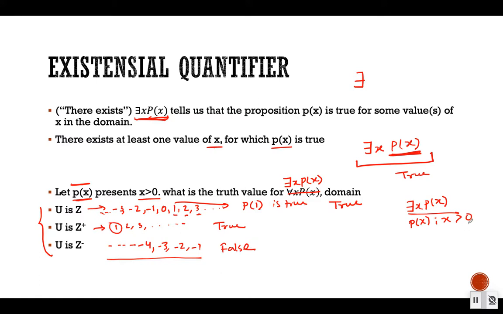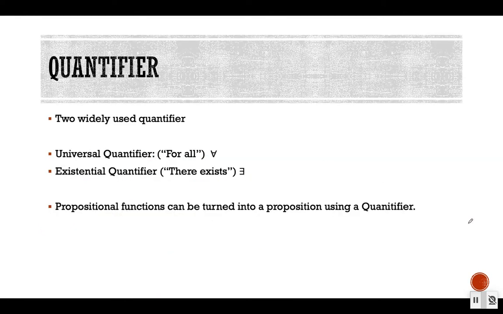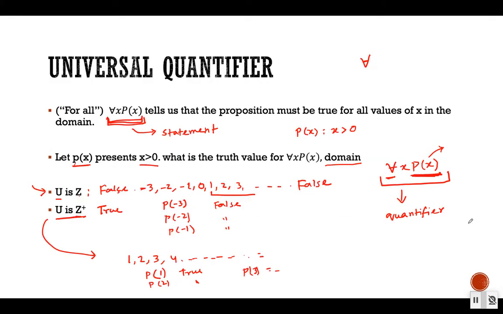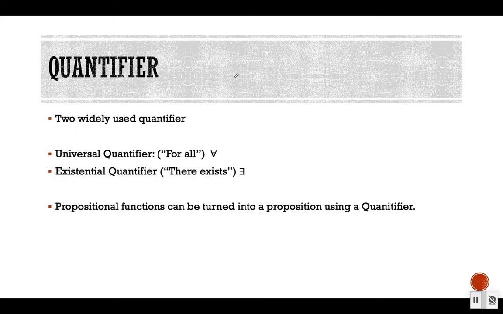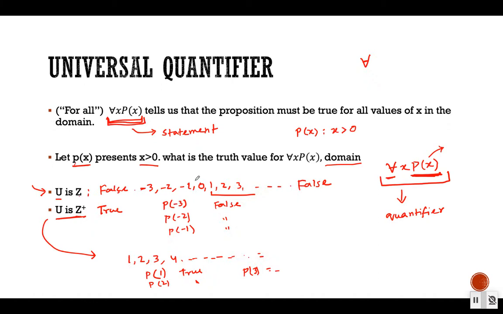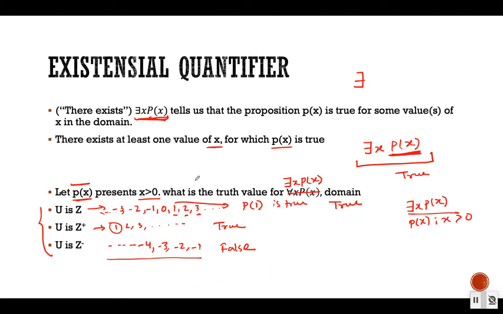Now we are making our predicate logic a statement using a quantifier. Here we have the example of two quantifiers, the universal quantifier and the existential quantifier, but we also have to have a domain. So this will become a statement, and it will be evaluated to true or false in a specific domain.